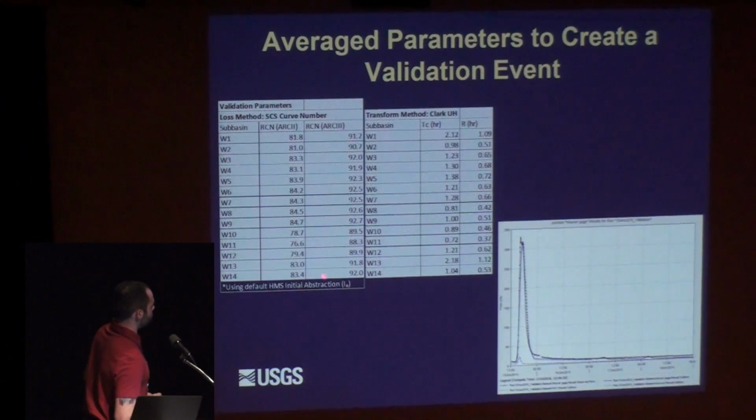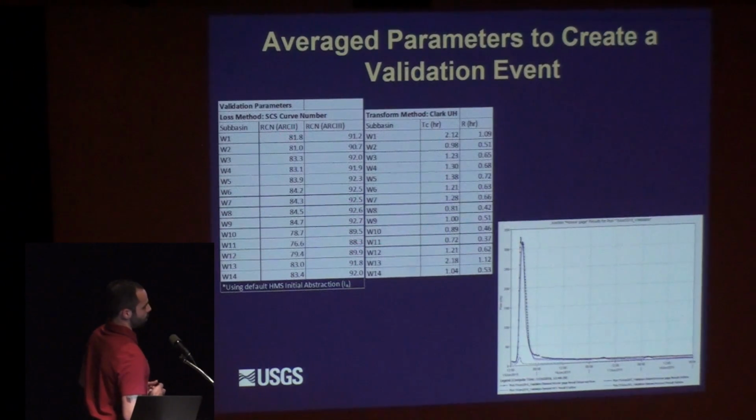So here's an example of the values I use for the subbasins. And so I have the runoff curve number, and then it's your ARC2s, which is your antecedent runoff condition.